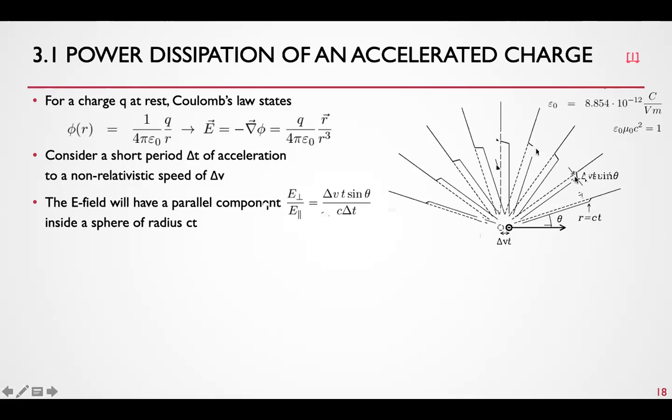The orthogonal displacement, the little piece here, is just c times delta t, because this wave moves outwards with the speed of light, and delta t is the time we used up for the acceleration. So let me give you the calculation now.